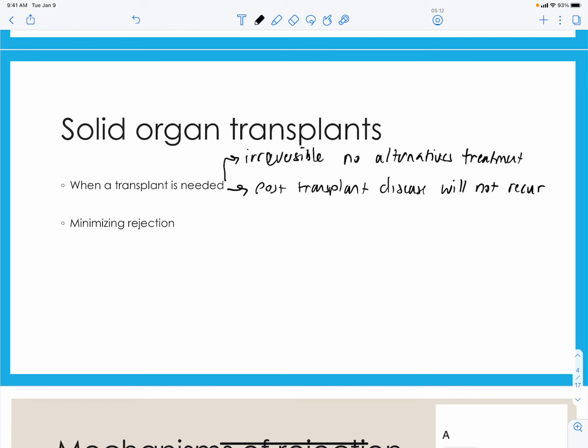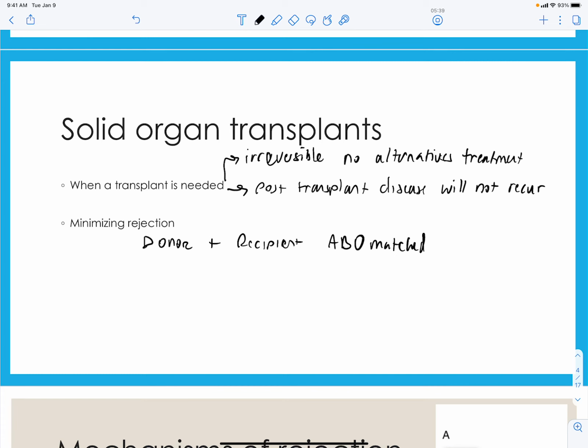So you want the donor and recipient to be ABO matched, so their blood types have to match. They must also have no antibodies to the donor's HLA antigens.